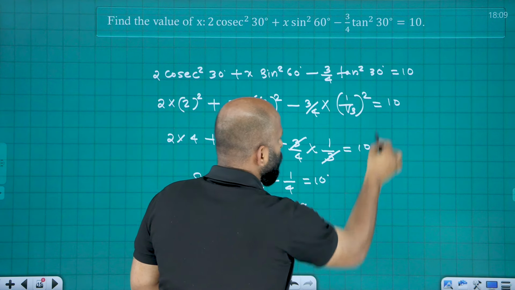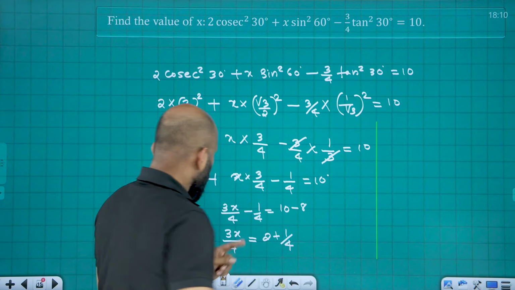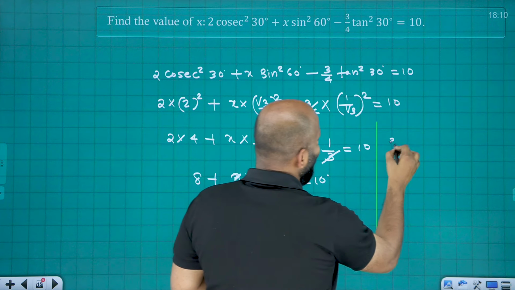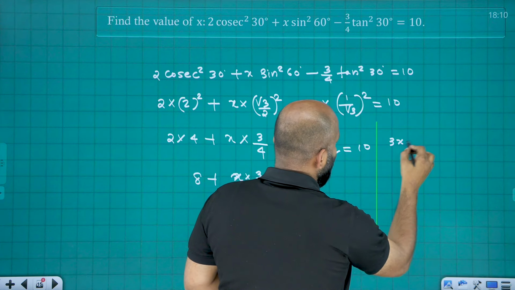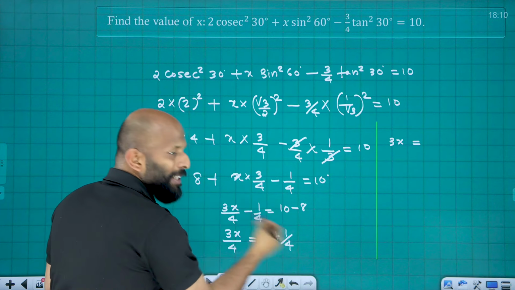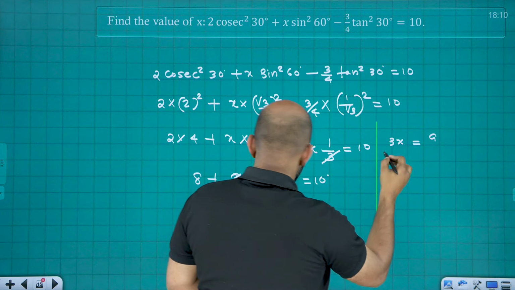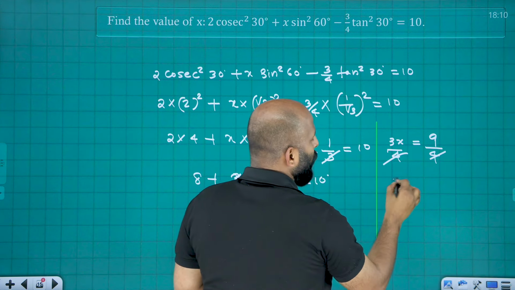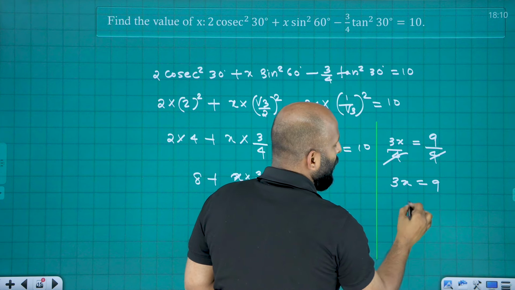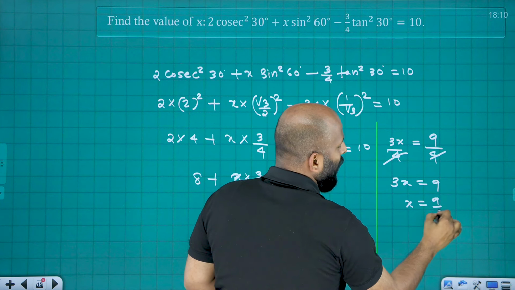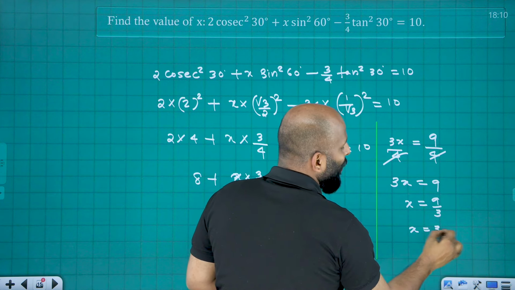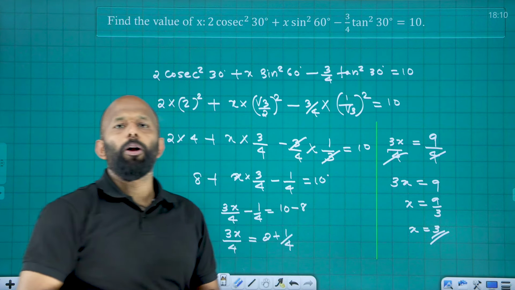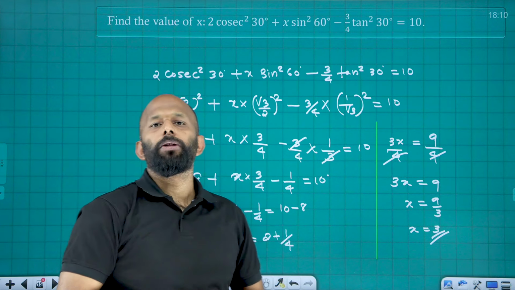Now, what is 2 plus 1 by 4? 4 twos are 8, 8 plus 1 is 9 by 4. Now 3x divided by 4 is equal to 9 divided by 4. So 4 cancels, 3x is equal to 9, x is equal to 9 divided by 3, x is equal to 3. That is our answer. Hope all of you understood this one. Now we can move to the next question.